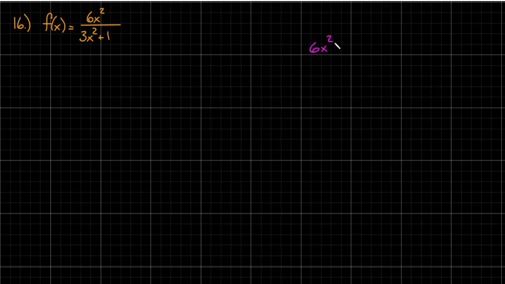We would do 6x squared plus 0x plus 0, because that's my numerator, long divided by 3x squared plus 0x plus 1. This is the division you would have to do to get it to be in the form a over x minus h. Now, we could, but we can get all the same answers so much cheaper than doing all this labor.